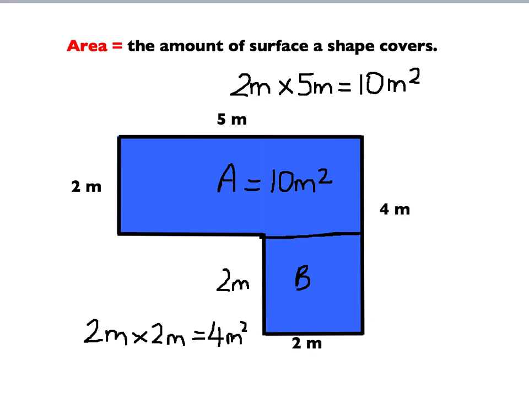So shape B is 4 metres squared. The area of the whole irregular shape is going to be 10 metres squared added to my 4 metres squared, which will give me a total area of 14 metres squared.